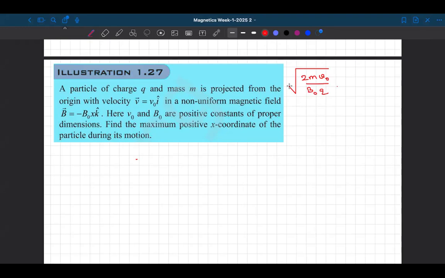Now let us work on this particular question. What exactly is happening? Let me try to understand why they used the term maximum positive x coordinate.